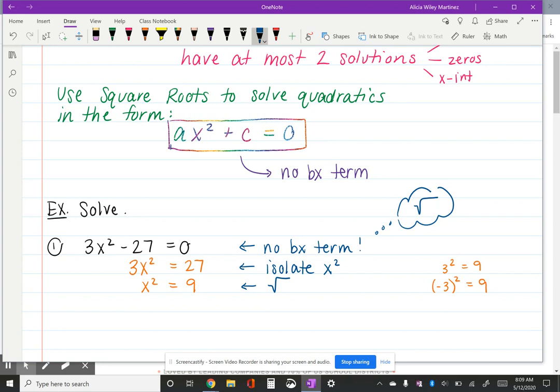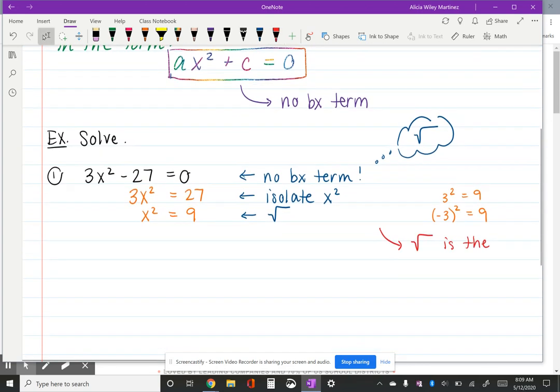And that is because square rooting is the inverse operation of squaring. And vice versa. Squaring is the inverse operation of a square root.